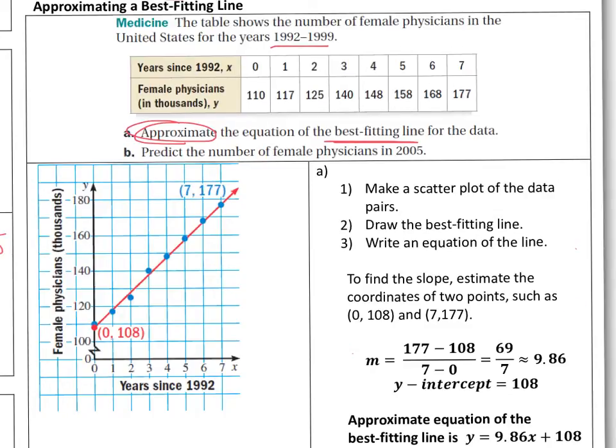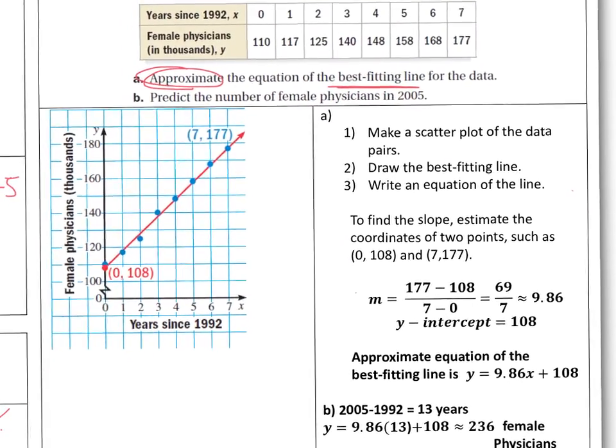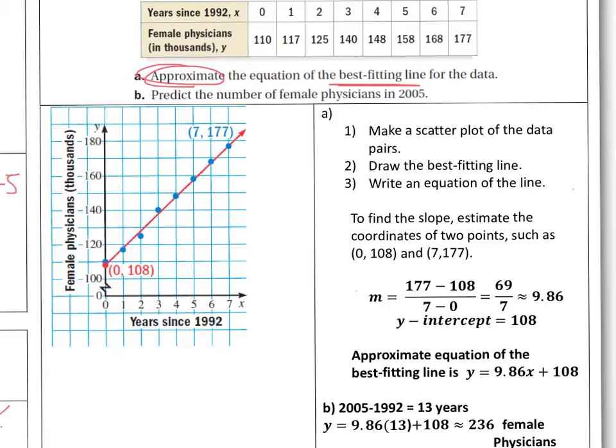So I need to first make a scatter plot of the data. So 0, 1, my x-axis will be the years, and my y-axis will be the female physicians. So 0, 110 will be here. 1, 117, probably around this dot right here.